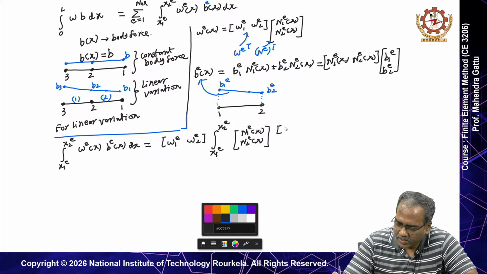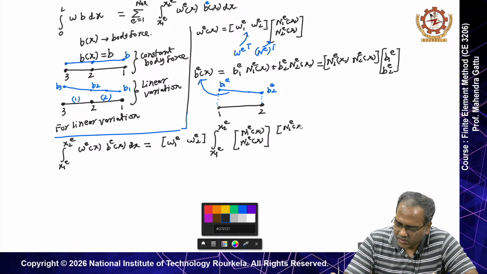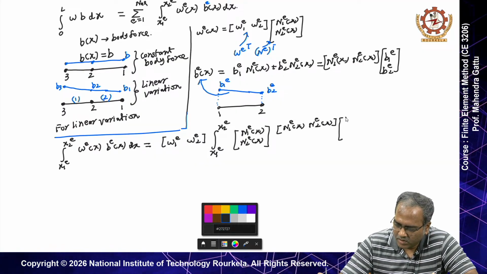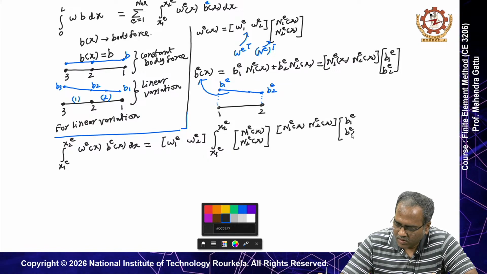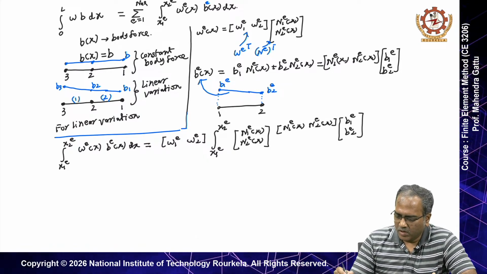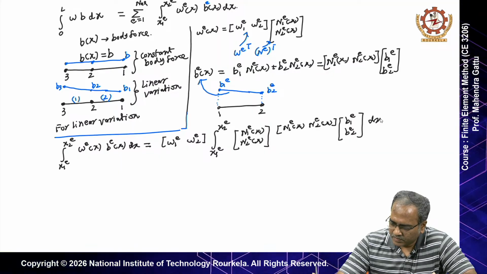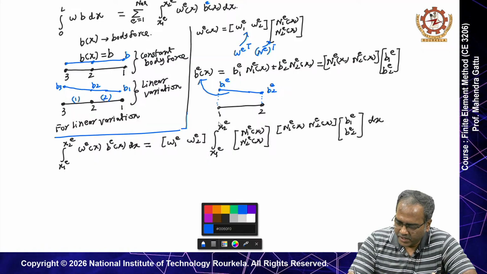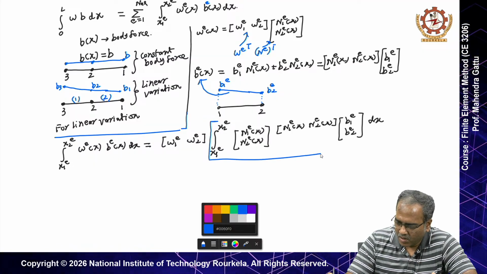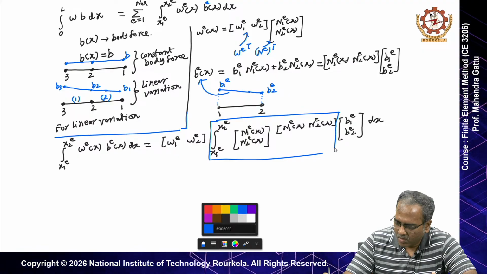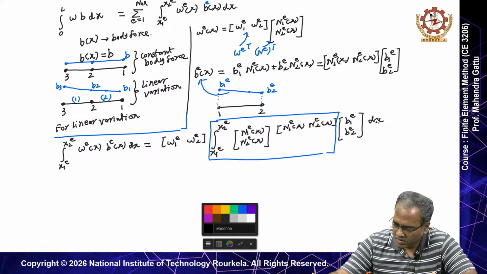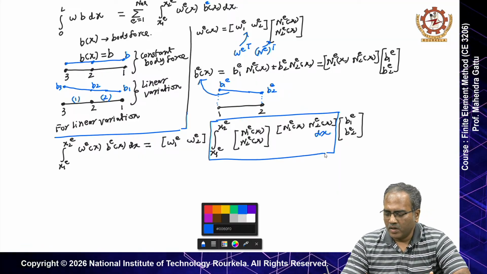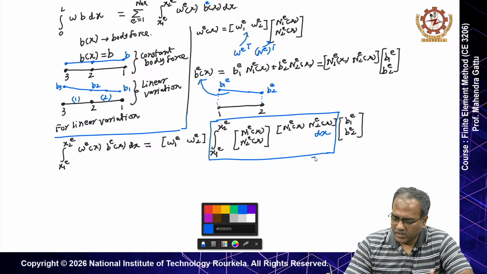So the same thing I am writing here, n1 e of x, n2 e of x times b1 e, b2 e. So now we will have a times dx. Now, we can evaluate this entire integral. Okay. And it will be a 2 by 2 matrix.